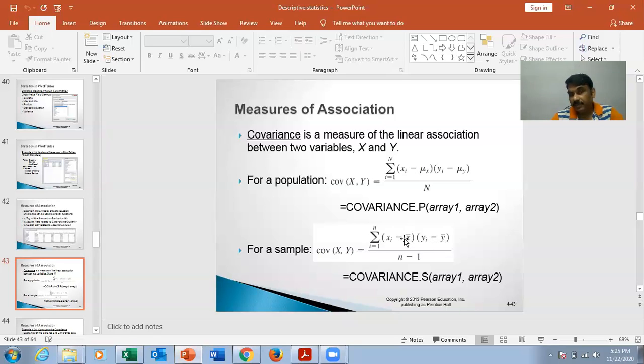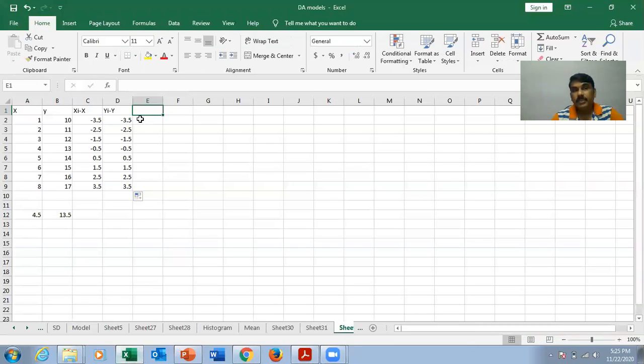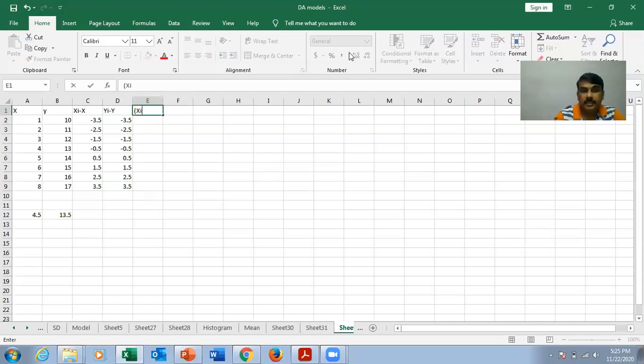So we have to multiply the values of both the series. In Excel we can do both things. So I have to multiply both values, xi minus x bar multiplied by yi minus y bar.